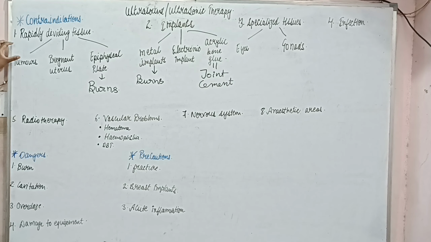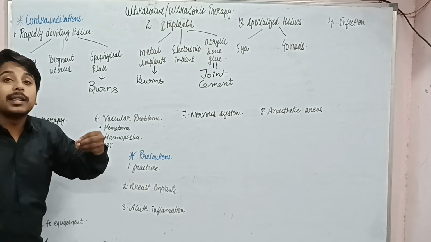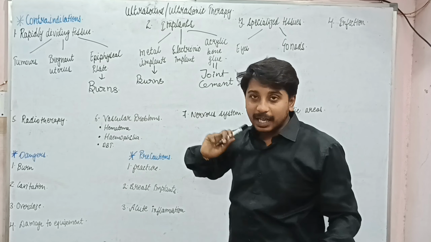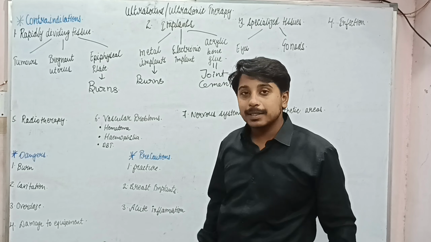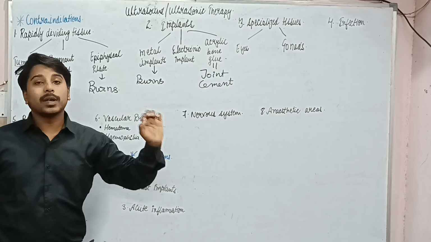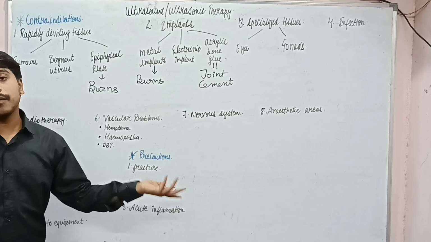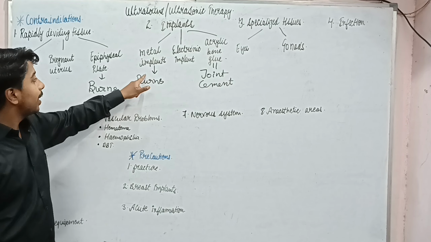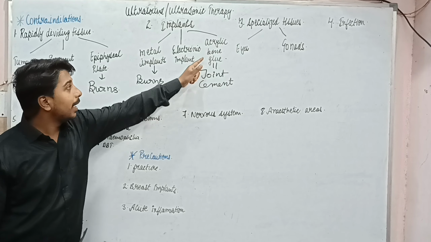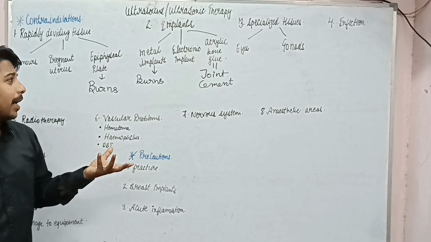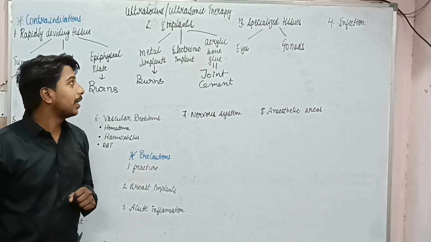In the first point, the main thing is that division is stimulated, and cell damage and burns can occur. In the second point, implants, you can simply write that heating can occur which leads to damage to the electronic implant; it can reflect, and it can cause loosening of the joint cement, which has a bad effect on the prosthetic joint.